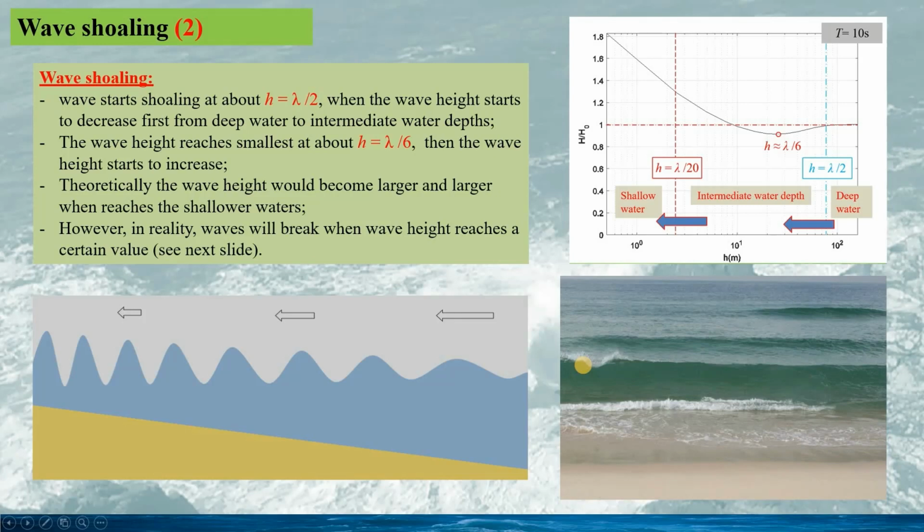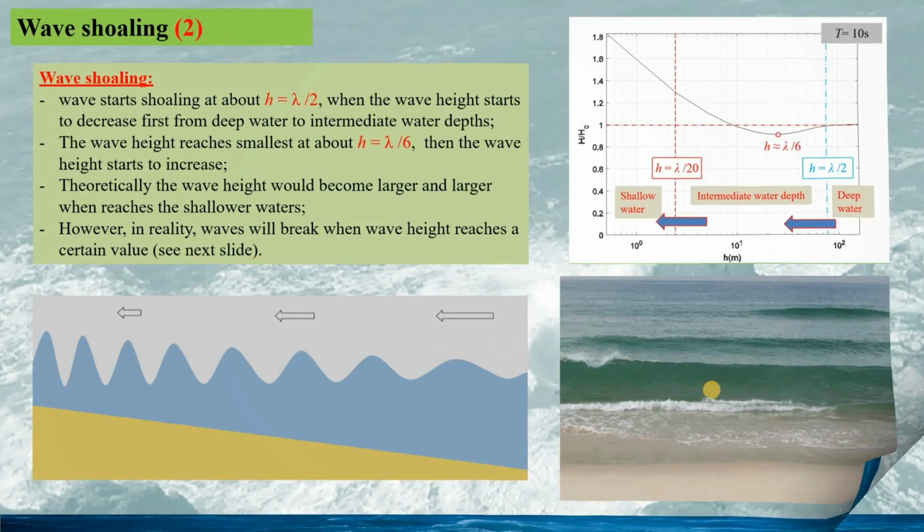And this can be seen from this photo. If we look far away from the beach, the sea surface is very calm, where the wave height is small. When the wave comes to the shallow water close to the beach, we can see the wave height is increasing due to the wave shoaling.